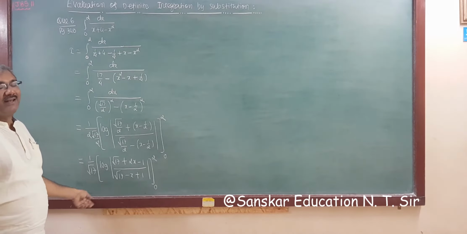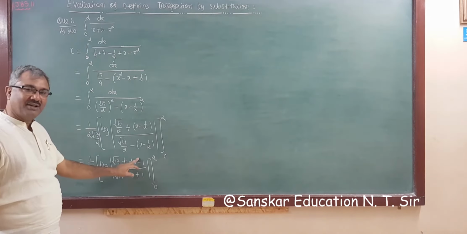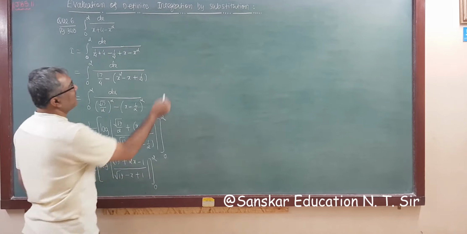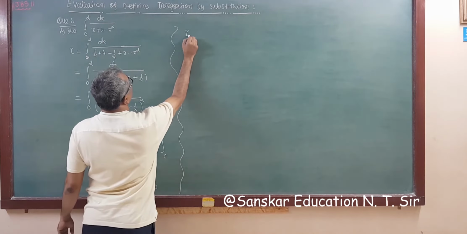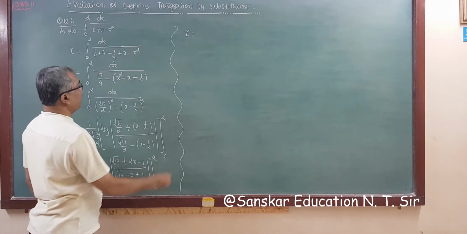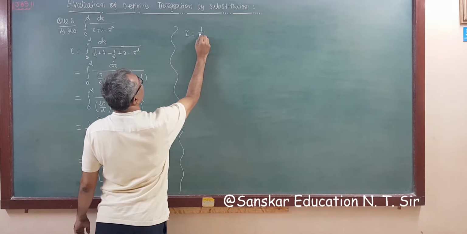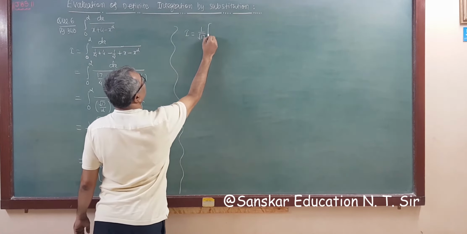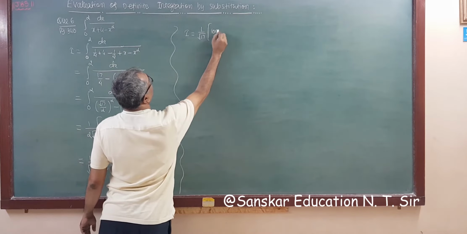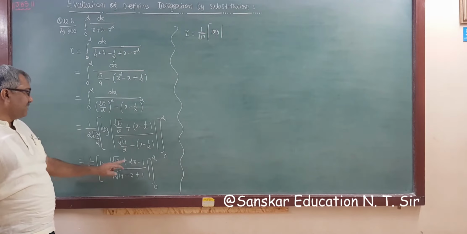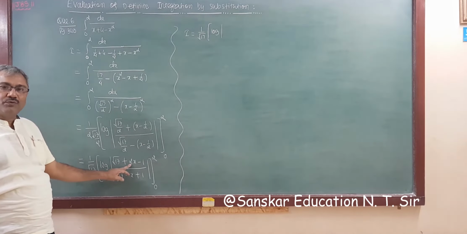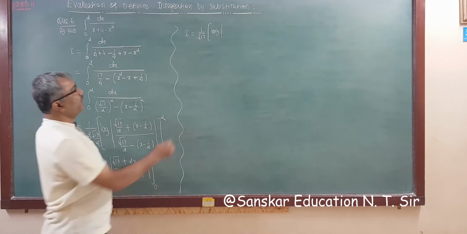Got it? Now applying upper limit minus lower limit, since this is definite integration. So I will keep 1 upon root 17 as it is. Log mod of 2 root 17 plus 2 into 2, 4 minus 1 is 3. So what we get?